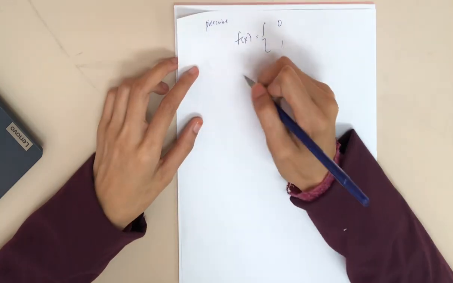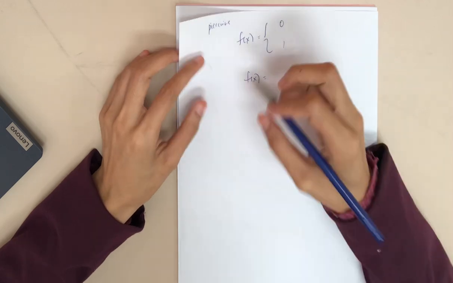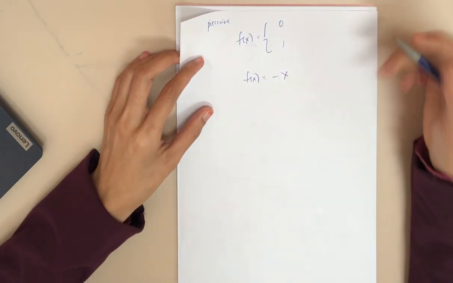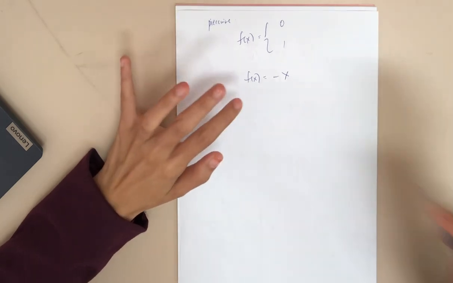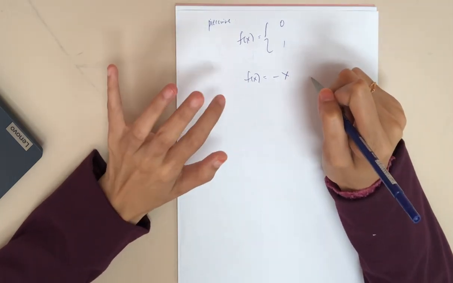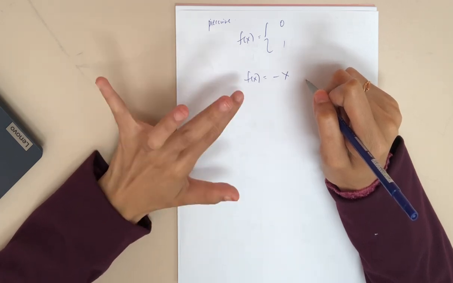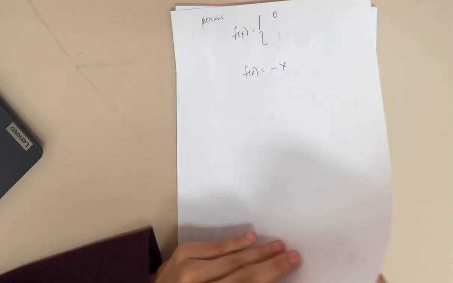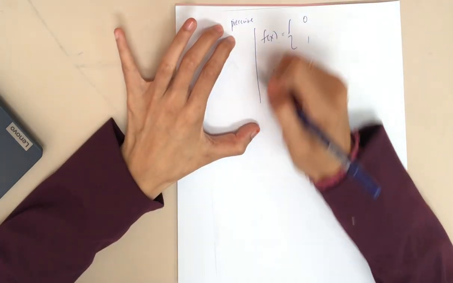But if your f(x) is straightforward, it's a single function, for example, negative x. Of course, you need to identify first whether this function is odd, even, or neither. Then after you identify, we calculate it. Okay, class, it's different.